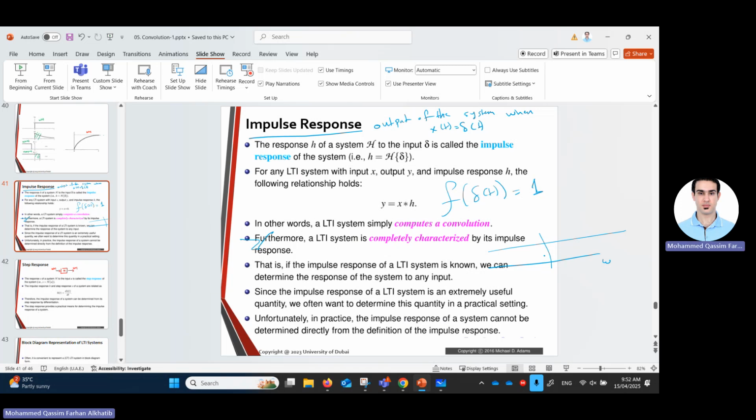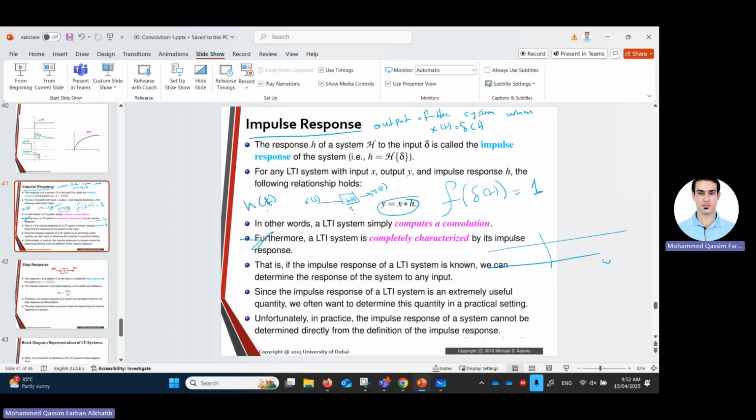So impulse response for any system is h of t. Why? Because here's the system, h of t, this is the unknown, something that we don't know. And I have my input x of t, and I have my output y of t. And we know the result is y equals the convolution of x and h.